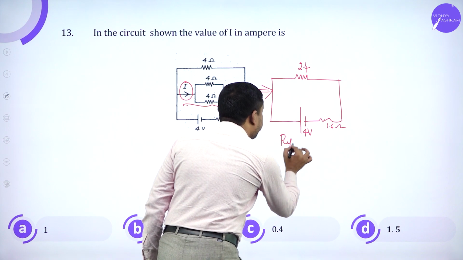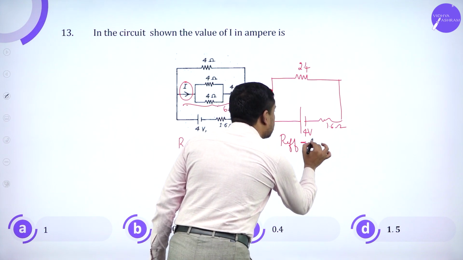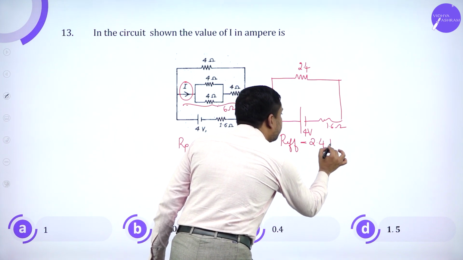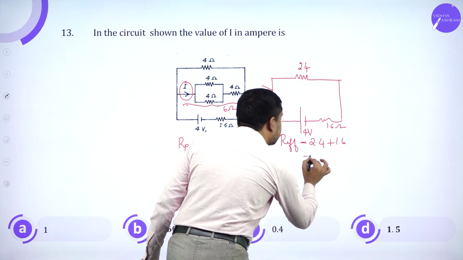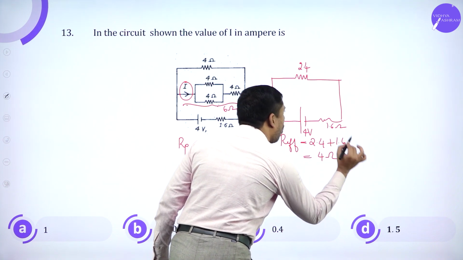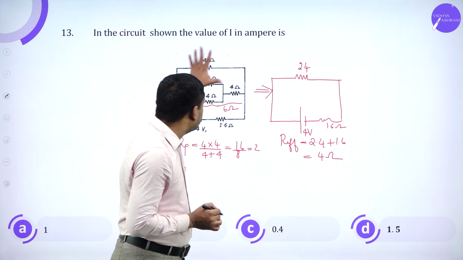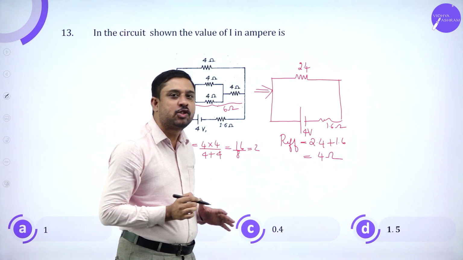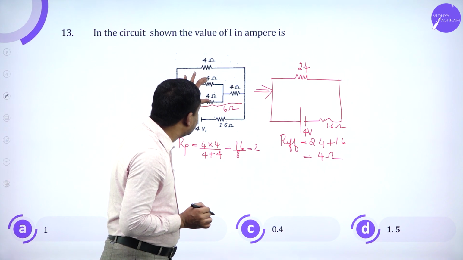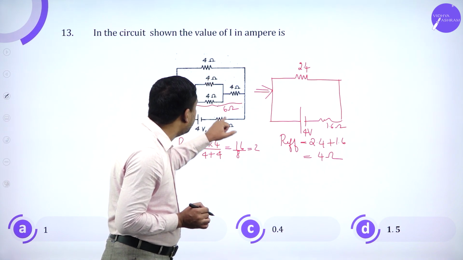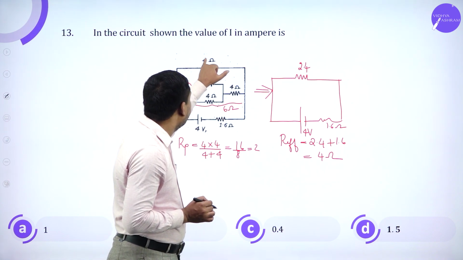So R effective is 2.4 plus 1.6, which is 4 ohms. So the total resistance of the circuit is found.